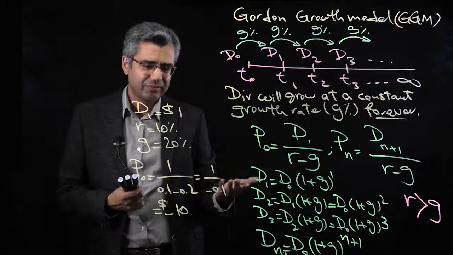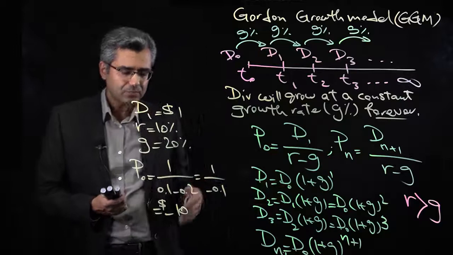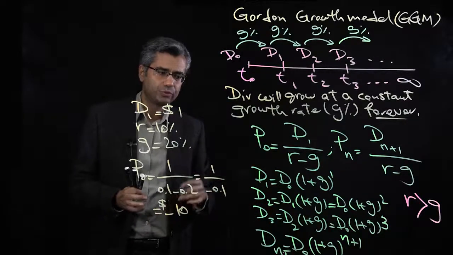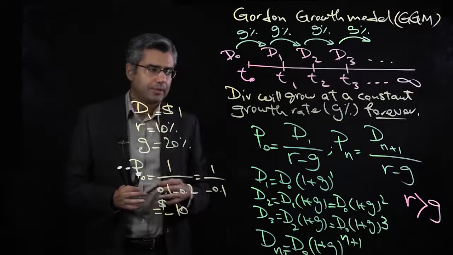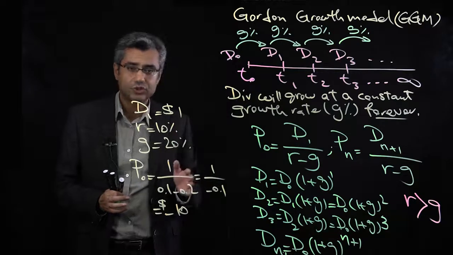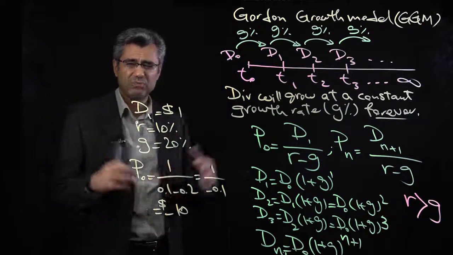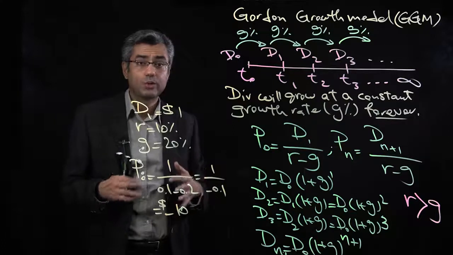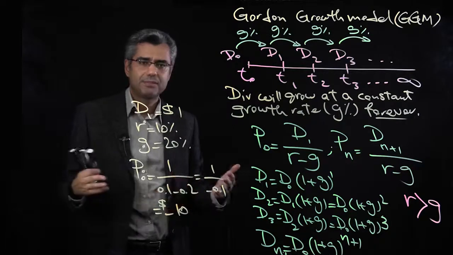But what if R was less than G? It's not in the scope of this subject, but I will tell you what to do if you are interested to know more. If R is less than G, it means the growth rate of the company is very high, right? So in this case, the company is growing very fast, and then what happens?